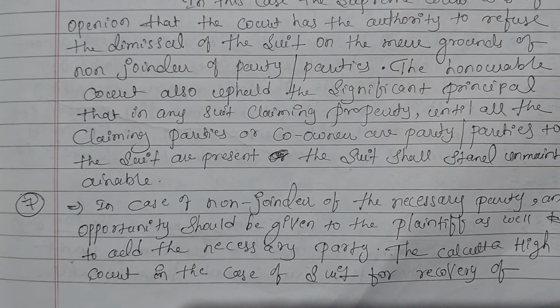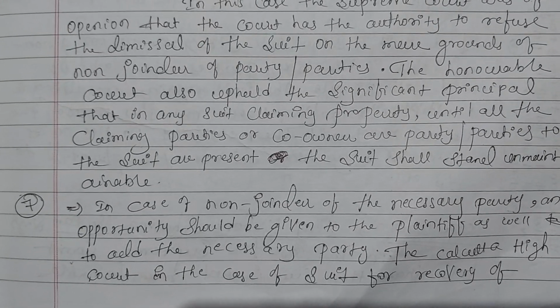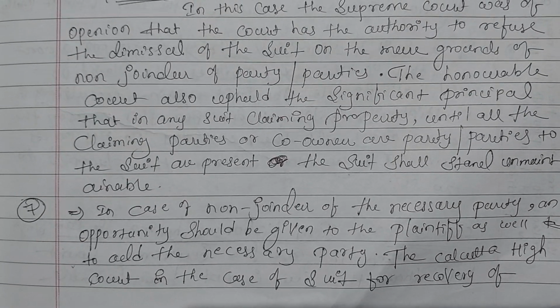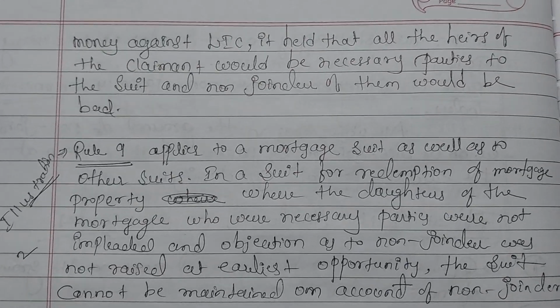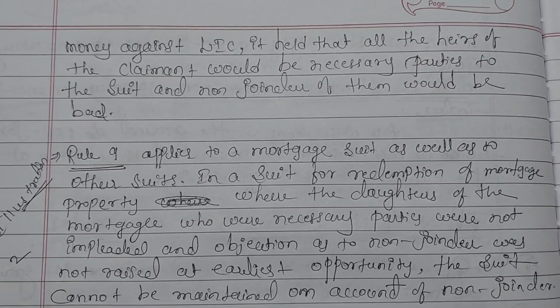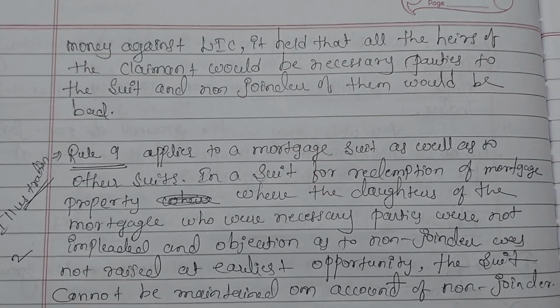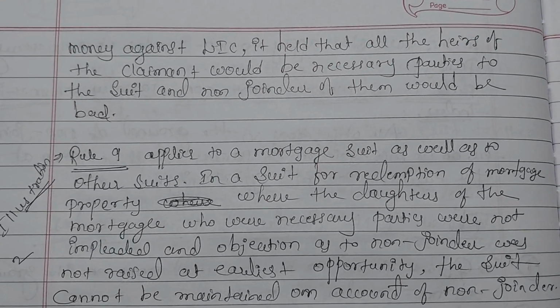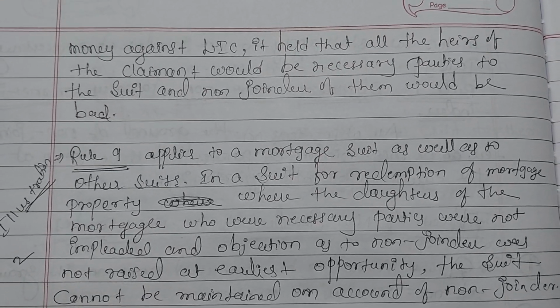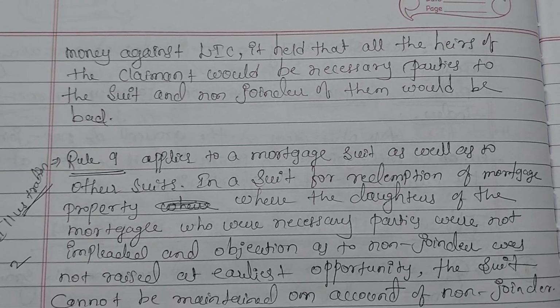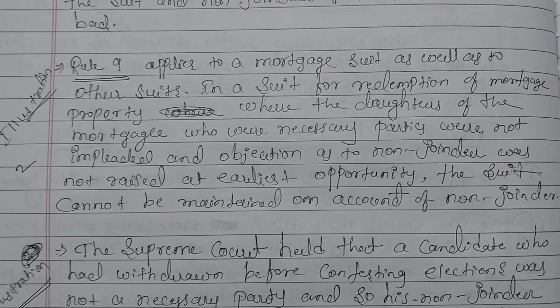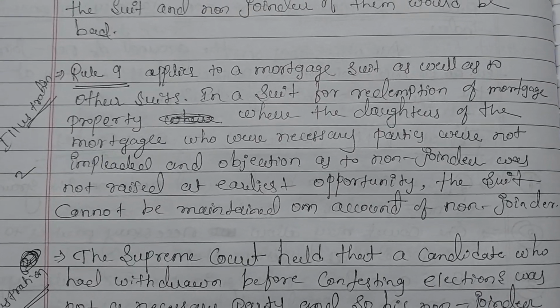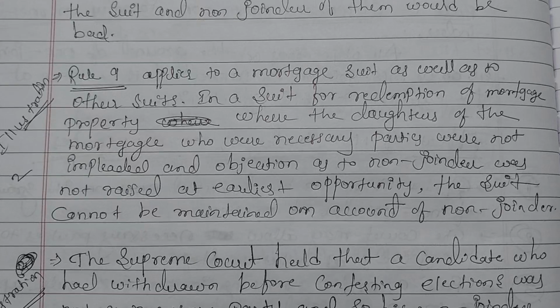The Calcutta High Court, in a suit for recovery of money against LIC, held that all the heirs of the claimant would be necessary parties to the suit, and non-joinder of them would be bad. Rule 9 applies to a mortgage suit as well as to other suits.